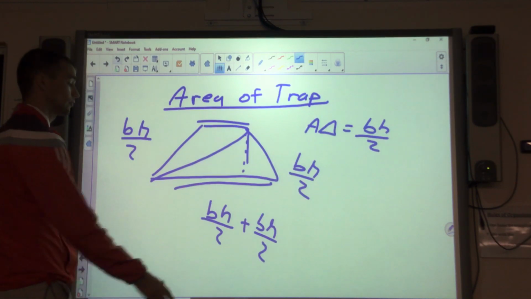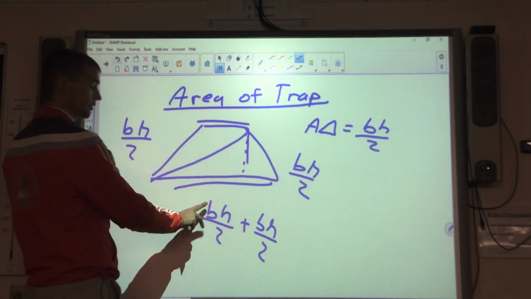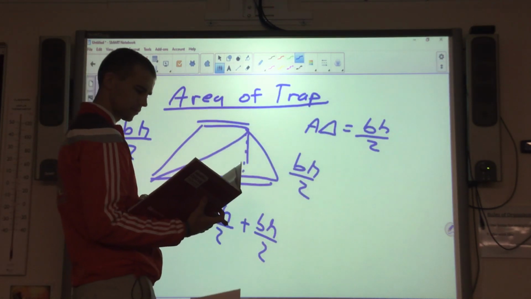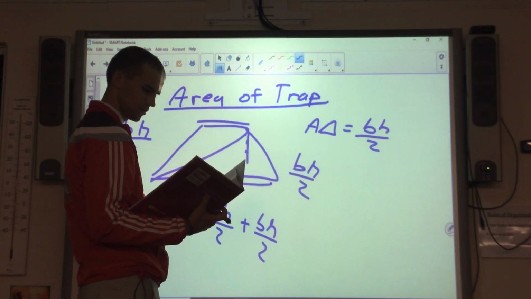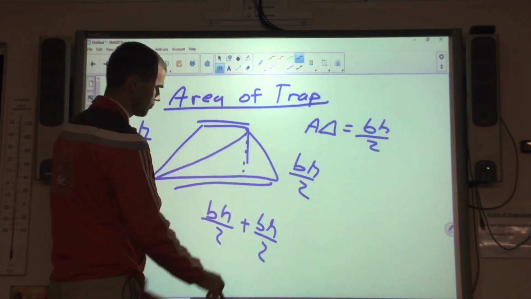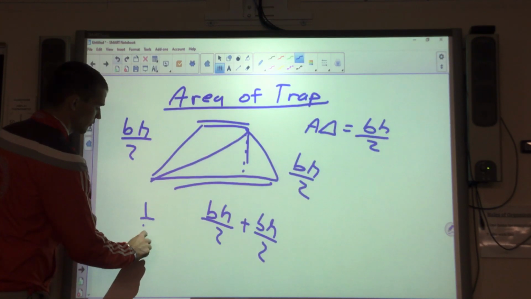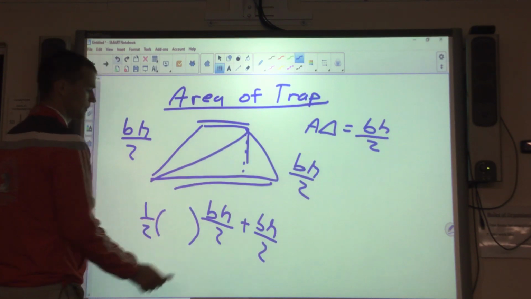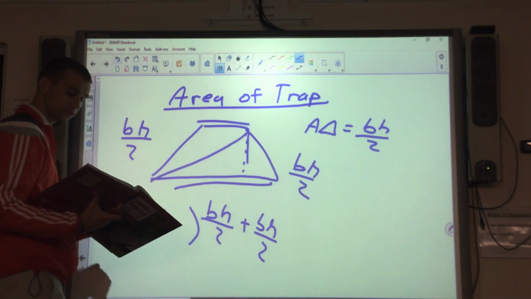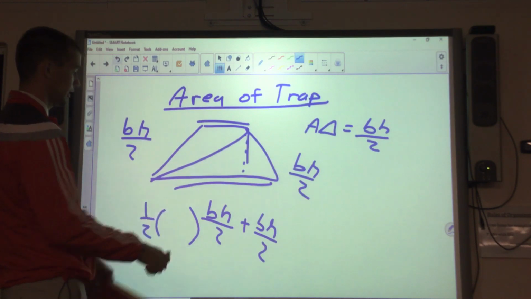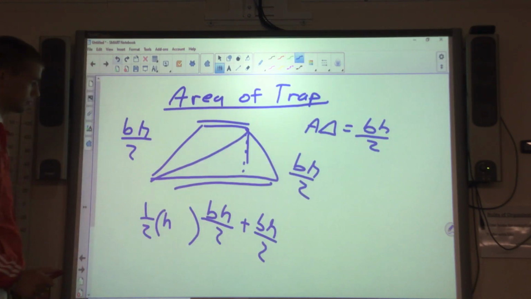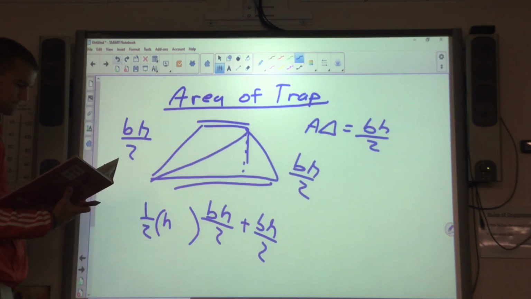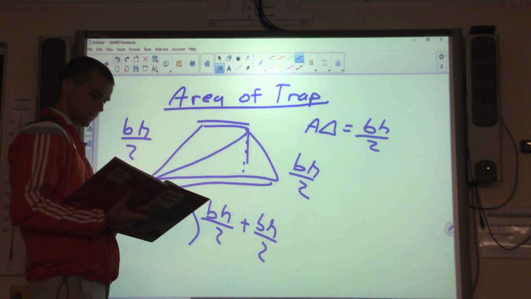Well, if we remember, you can add together common denominators. So you basically got base times height over 2 plus base times height over 2. Let me make sure that I'm doing this the right way. Basically what you can do is factor out a half. You might remember factoring, we talked about it a little bit.